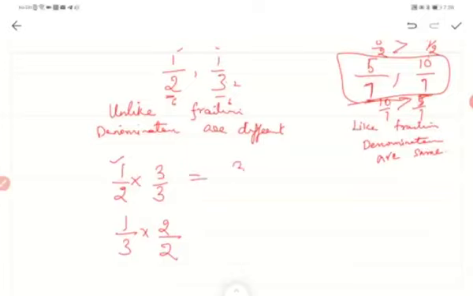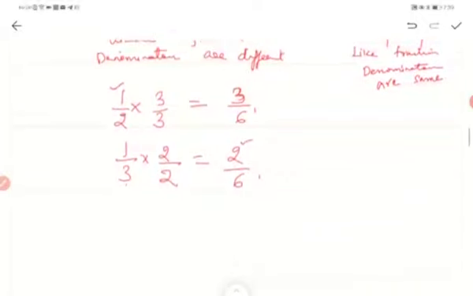So here I will get 3 by 6 and this is 2 by 6. So the equivalent of 1 by 2 is 3 by 6, and the equivalent of 1 by 3 is 2 by 6. So now we have two equivalent fractions in which the denominators are the same.